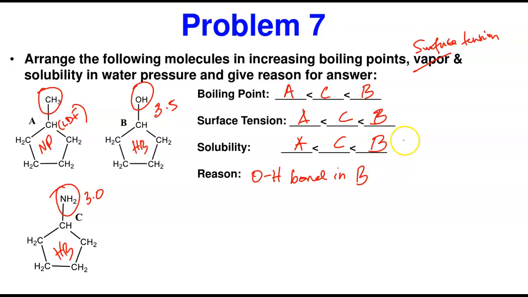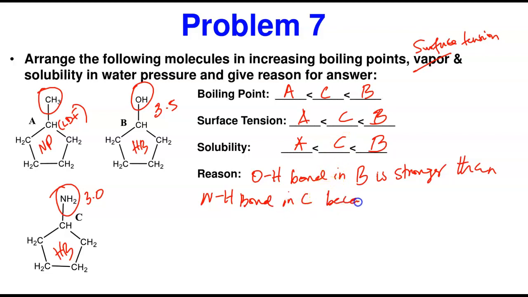The OH bond in B is stronger than the NH bond in C because oxygen has higher electronegativity, a higher EN difference. Or let me put it that way, completely.